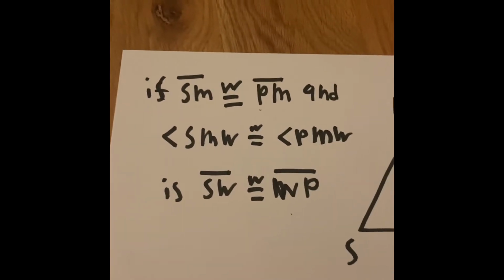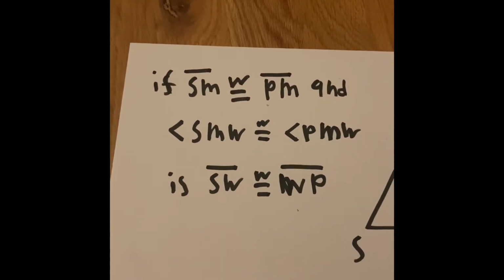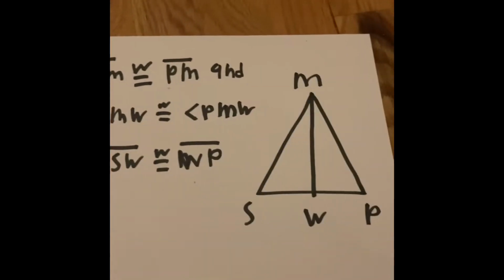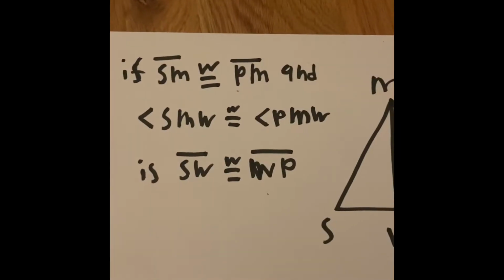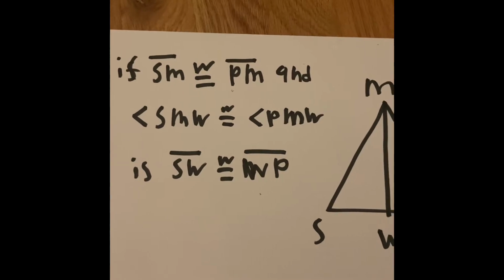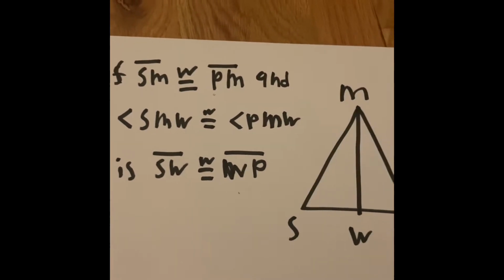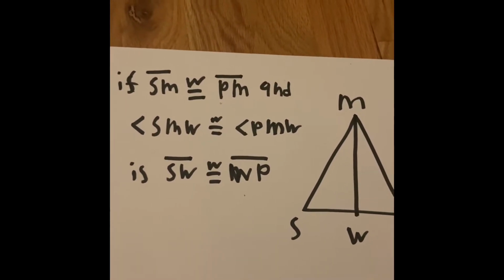So if segment SM is congruent to PM, then angle SMW is congruent to angle PMW.